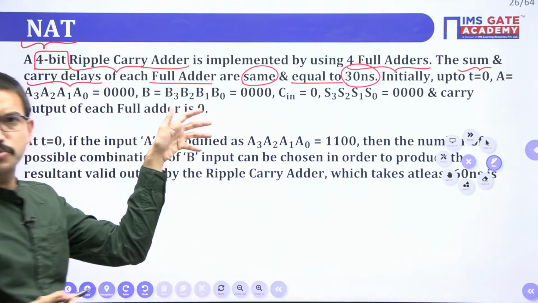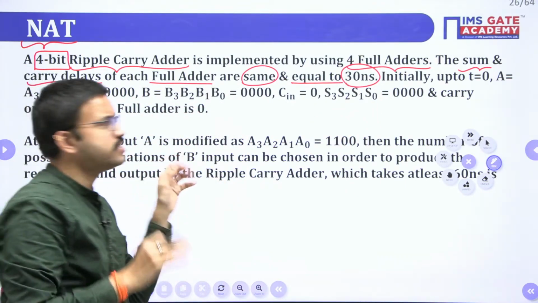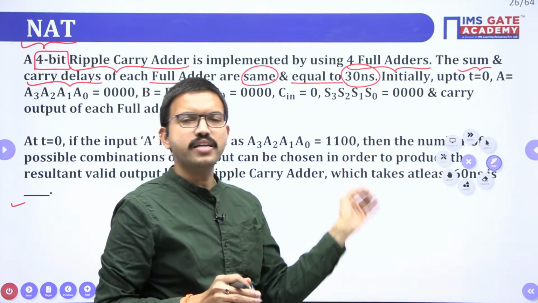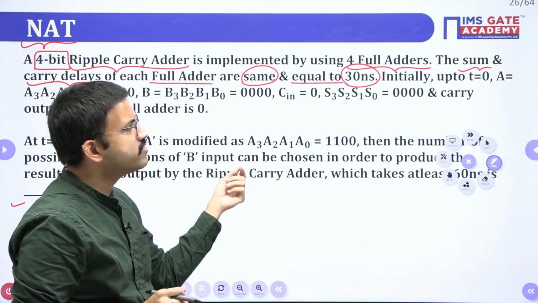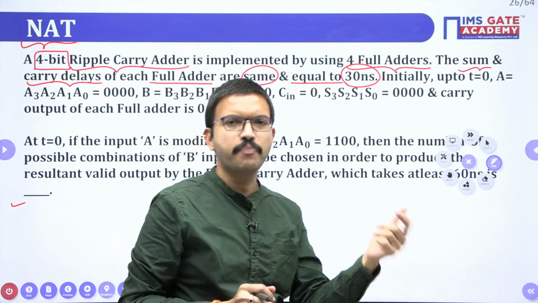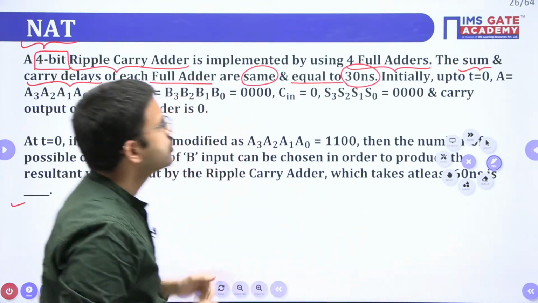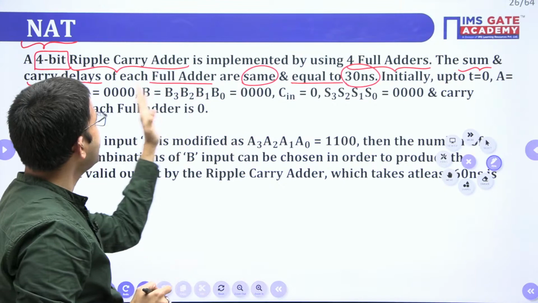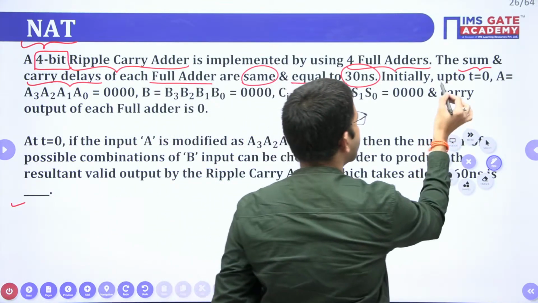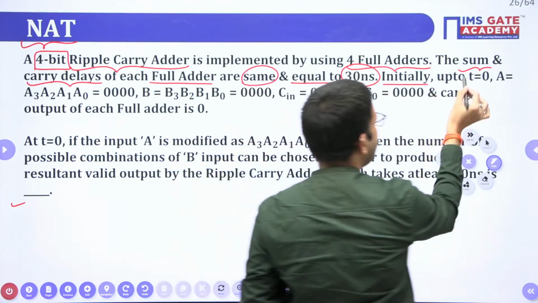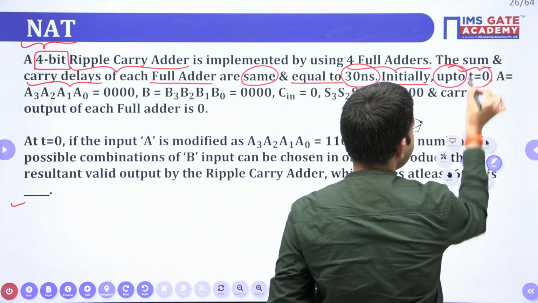After giving the inputs, in the ideal case there is no delay. But in practical cases, inside any logic gate you will be having transistors, so after giving the inputs, definitely it will take some time. That is called propagation delay. In this question, sum delay and carry delay are both the same, equal to 30 nanoseconds.